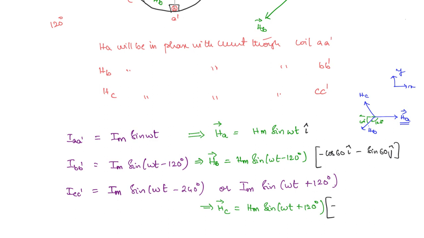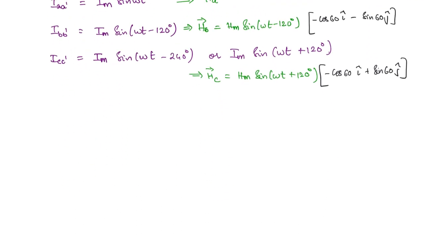So you're going to have minus cos 60 I cap plus sine 60 j cap. Now we can find out the net magnetic field intensity. So you can write H net. This will be equal to HA bar plus HB bar plus HC bar.